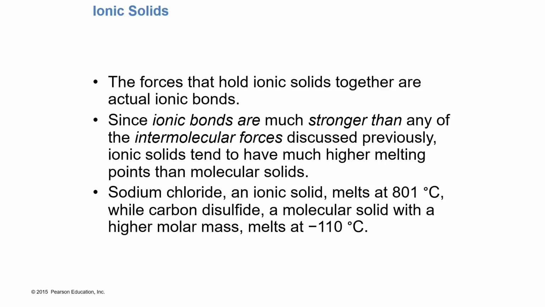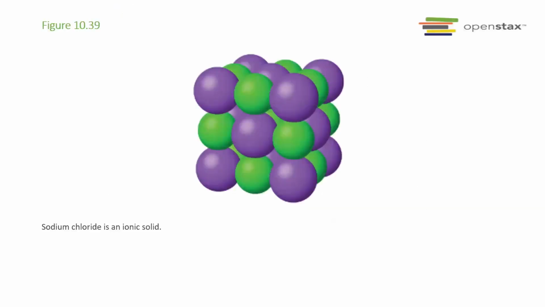The forces that hold ionic solids together are actual ionic bonds. Since ionic bonds are much stronger than any of the intermolecular forces discussed previously, ionic solids tend to have much higher melting points than molecular solids. Sodium chloride melts at 801 degrees Celsius, while carbon disulfide, a molecular solid with a higher molar mass, melts at -110 degrees Celsius. And this is an example of that repeated structure of cations and anions.